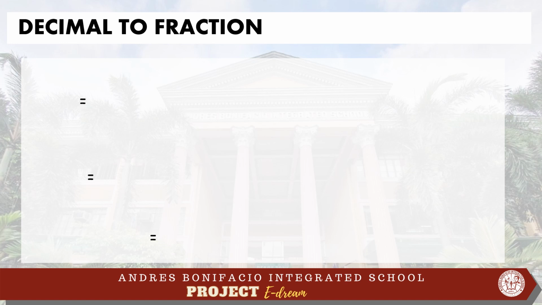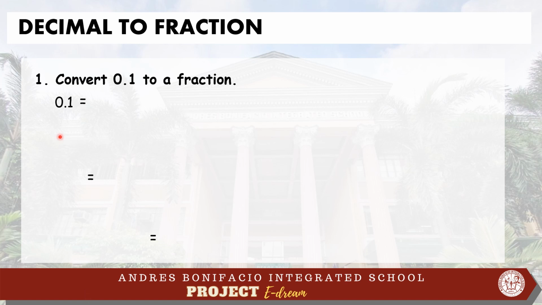Okay, so we have our first example. Convert 0.1 to a fraction. So how can we convert decimal to a fraction? So we can apply kung paano natin babasahin. Okay, so first, we have this one, 0.1. So copy the decimal.